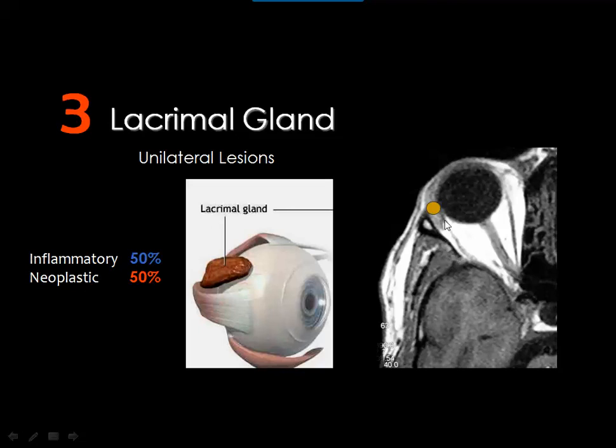And you know, the lacrimal gland is normally located in the superior lateral aspect of the orbital cavity, and we consider lacrimal gland lesions into two main categories. If you see a unilateral lacrimal gland pathology, then you think of 50% inflammatory disease and 50% neoplastic lesions.